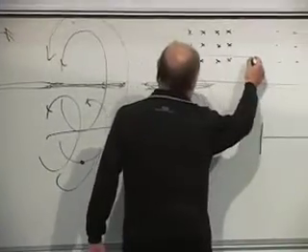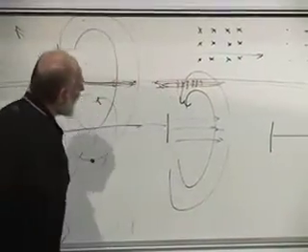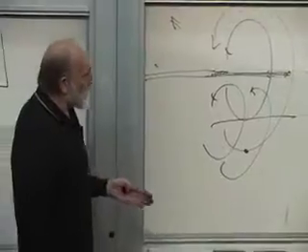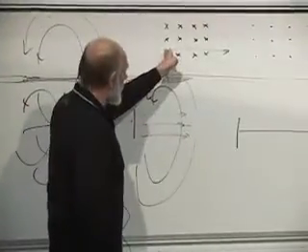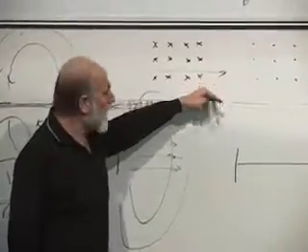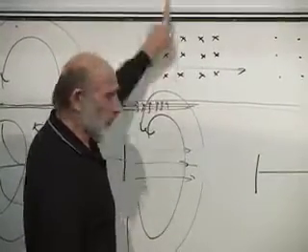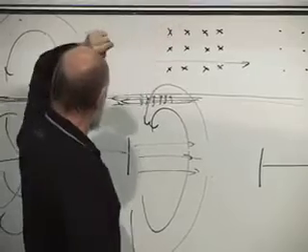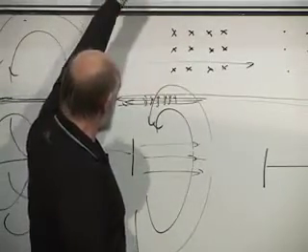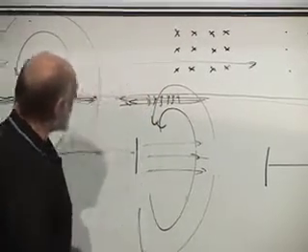If the charge is moving in this direction, then the force is perpendicular to both the magnetic field and to the velocity of the charge. There's only one direction that's perpendicular to both of them, and that would be the vertical direction. I can't tell. Is it upward or downward, V cross B? Upward.